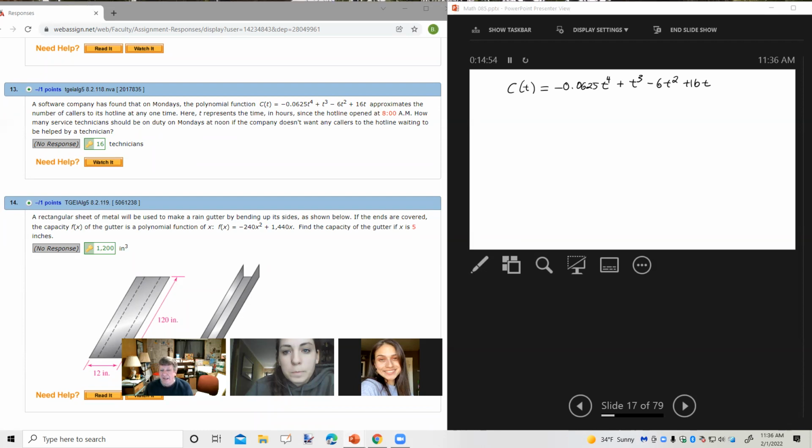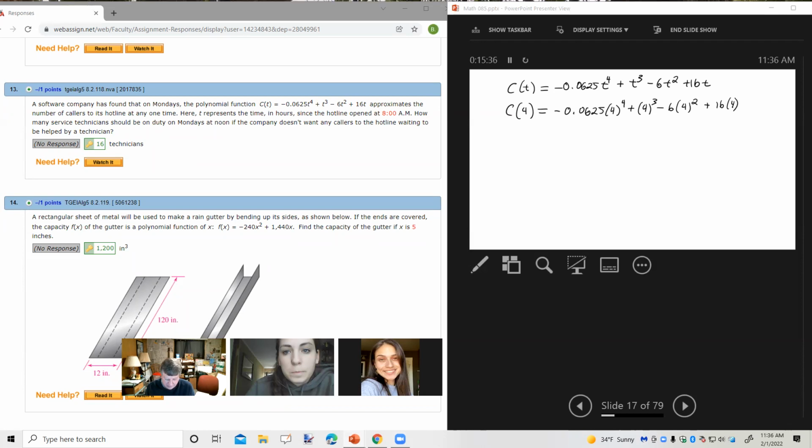Okay, so T is time, the number of hours since 8 a.m. At noon, we're talking 12 p.m., which is how far from 8 a.m.? That would be 4 hours. So we want to find C of 4, which is negative 0.0625 times 4 to the 4th power plus 4 to the 3rd power minus 6 times 4 squared plus 16 times 4.